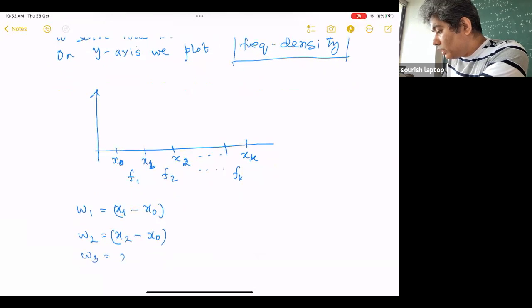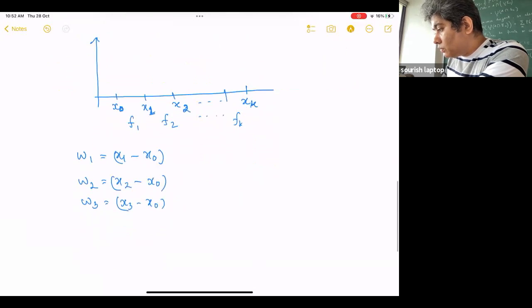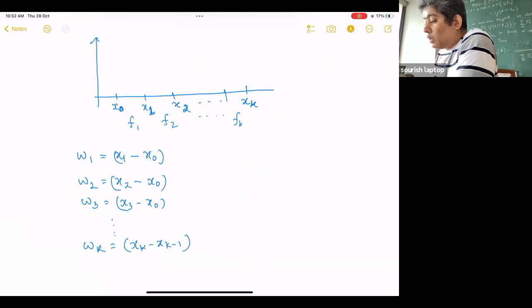W3 will be x3 minus x0. In this way, Wk will be xk minus xk minus 1. And corresponding to each bin width, you have the frequency count f1, f2.